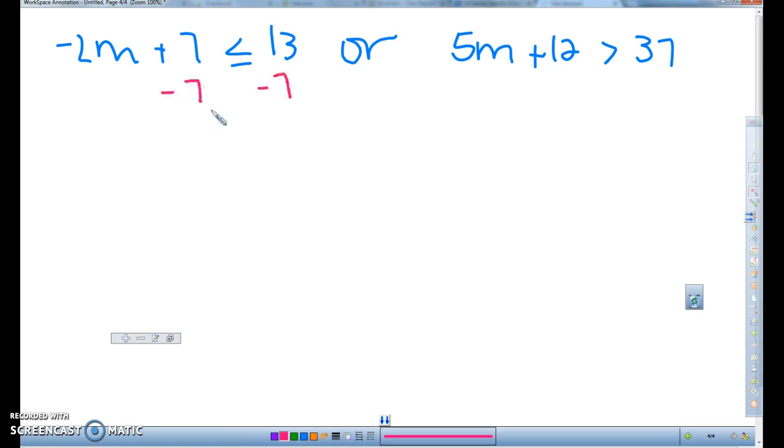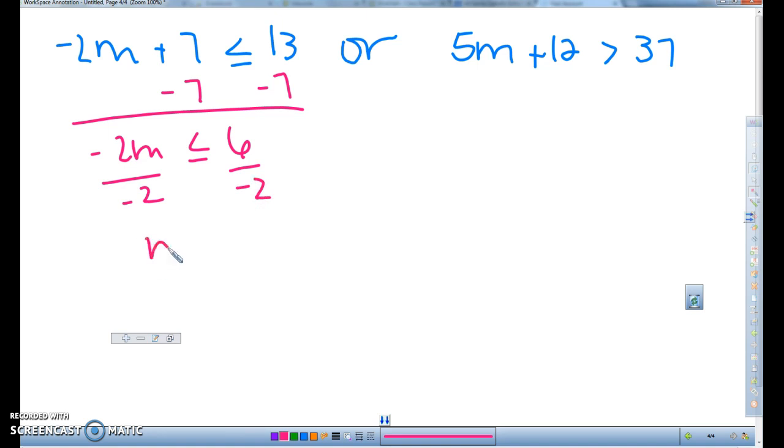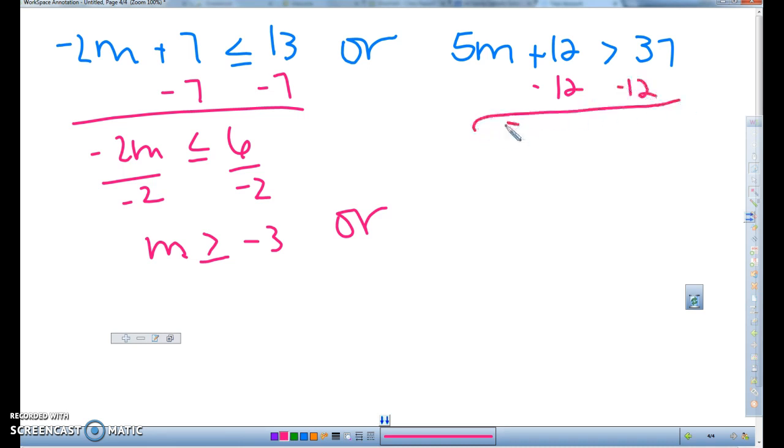I'm going to subtract 7 over here and get -2m less than or equal to 6, divide by -2. Remember, I'm dividing by a negative, so my sign will flip, so I have m greater than or equal to -3. Or, over here, I subtract 12 on both sides. I get 5m greater than 25. I divide both sides by 5, and I get m greater than 5.